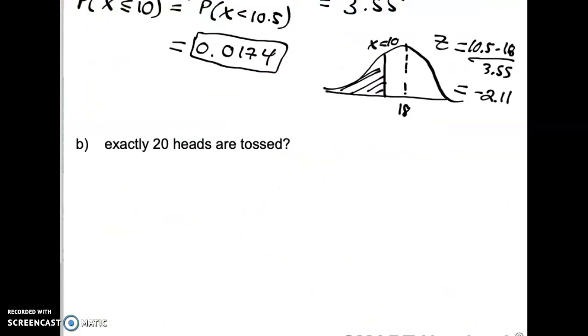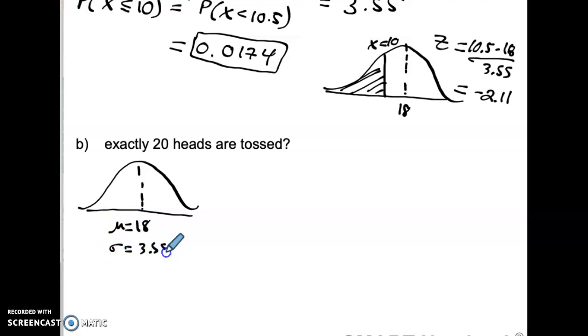So let's give the next one a try. What is the probability that exactly 20 heads are tossed? So we already have the mu and the standard deviation, so we don't need to recalculate those. And remember, our mu is 18, and our standard deviation is 3.55.